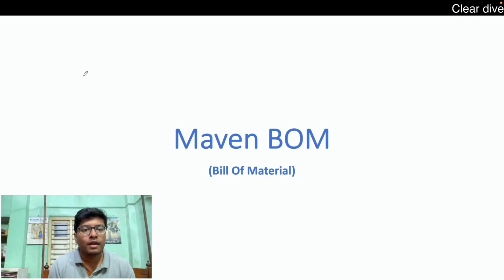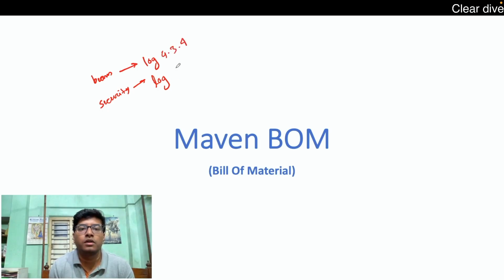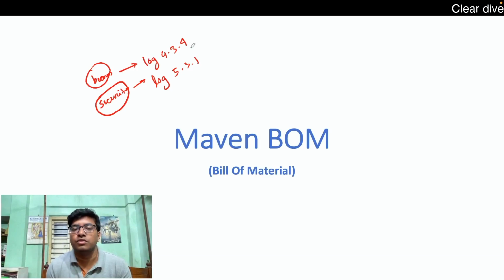Let's say our Spring Beans also depends on log, and we are also using Spring Security, and it is also dependent on log. Beans depends on log 4.3.4, and the other is dependent on 5.3.1. So we are dependent on both of these libraries, but how should we manage it? For both of these libraries, what version of Slf4j log should we use?